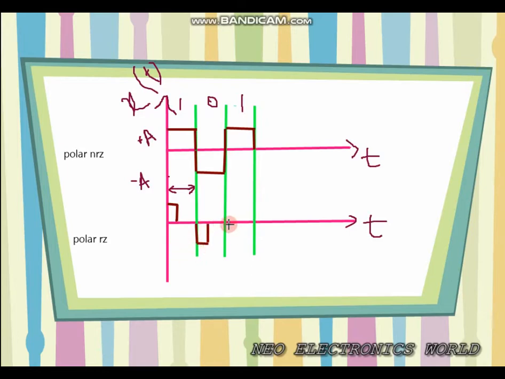For 0 there is negative amplitude. For the unipolar case, 0 has no amplitude at all, but in the polar case 0 has negative amplitude and 1 has the amplitude till the half time duration. So this is again plus A, and this one minus A. Okay, is it clear?